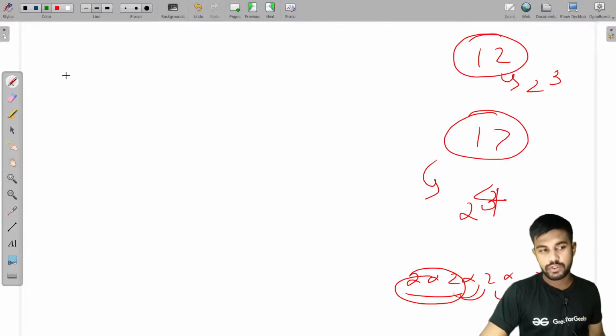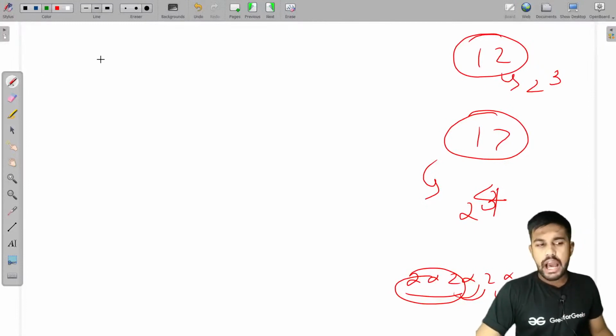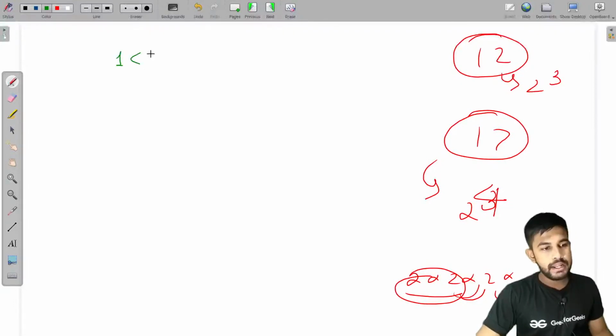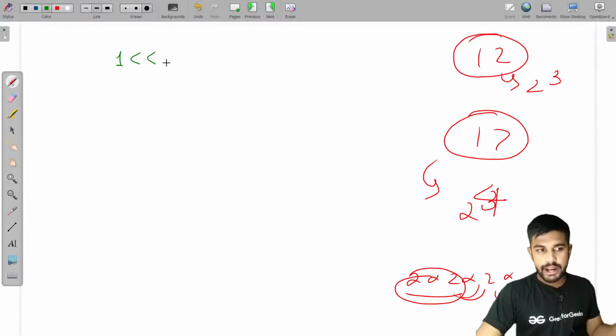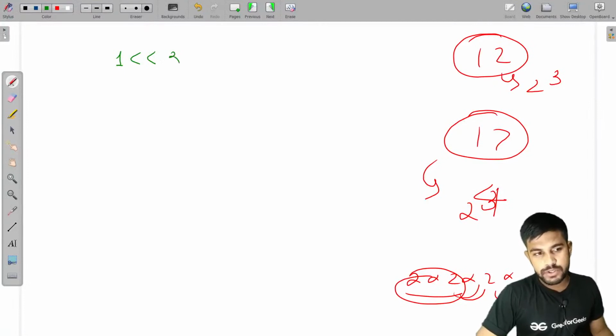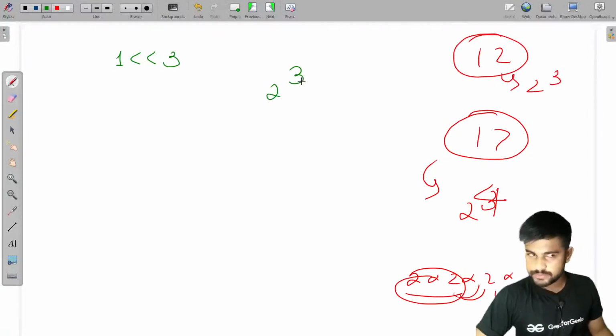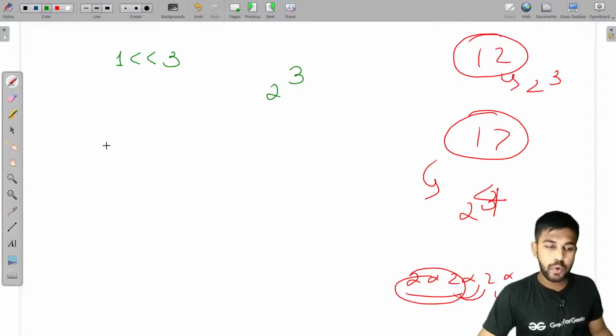So now we would move forward with this approach. How would we try to solve this? I don't know if you know this or not, but 1 left shift a number, suppose 3, would make it 2 to the power 3. Okay, I am telling you how. Which is the binary representation of this? Okay, this is 2 minus 1, that's the case.